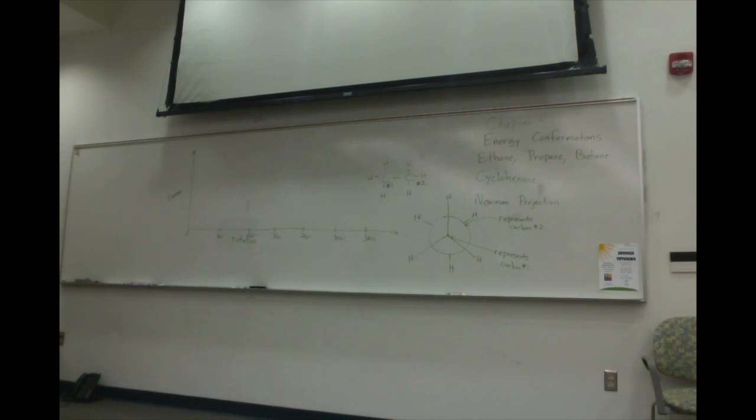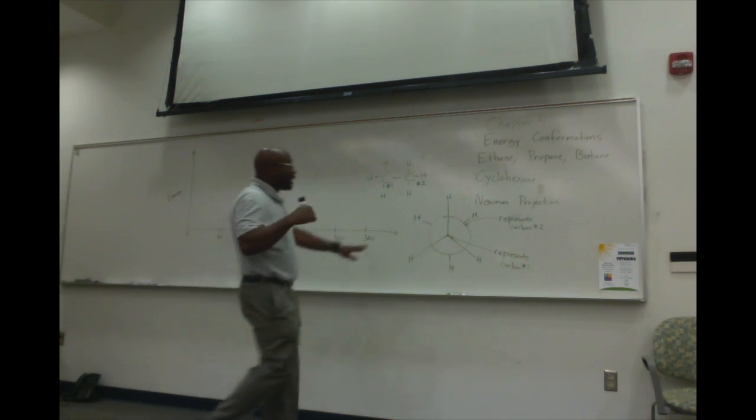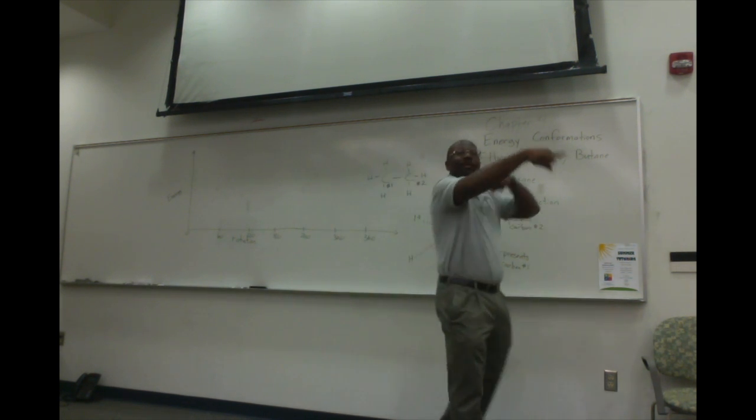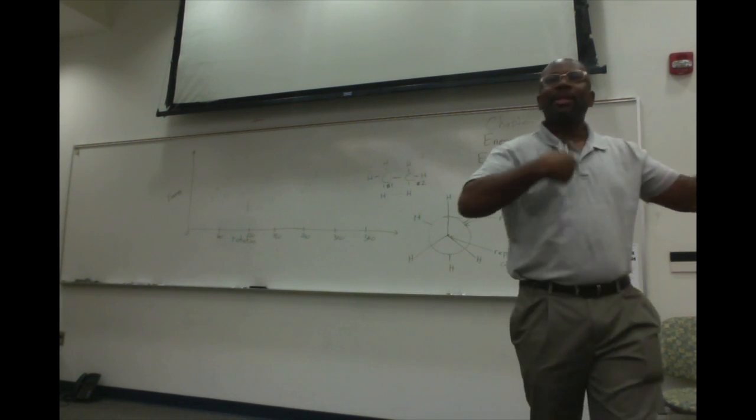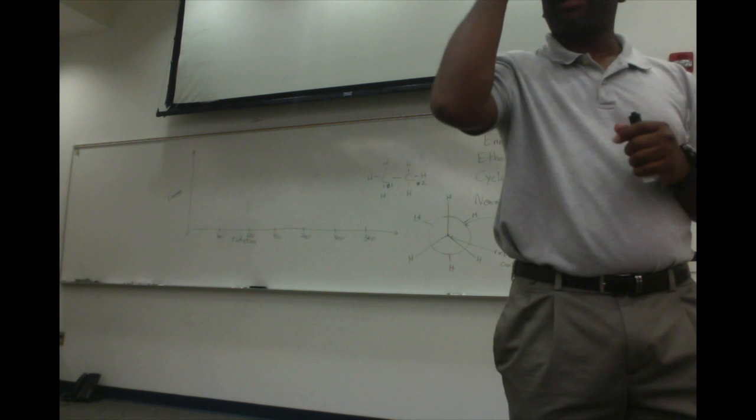For this molecule, we're going to keep one of the two carbon atoms set. Really, both of them spin at the same time, but when you spin them both, it's hard to keep track of each one.